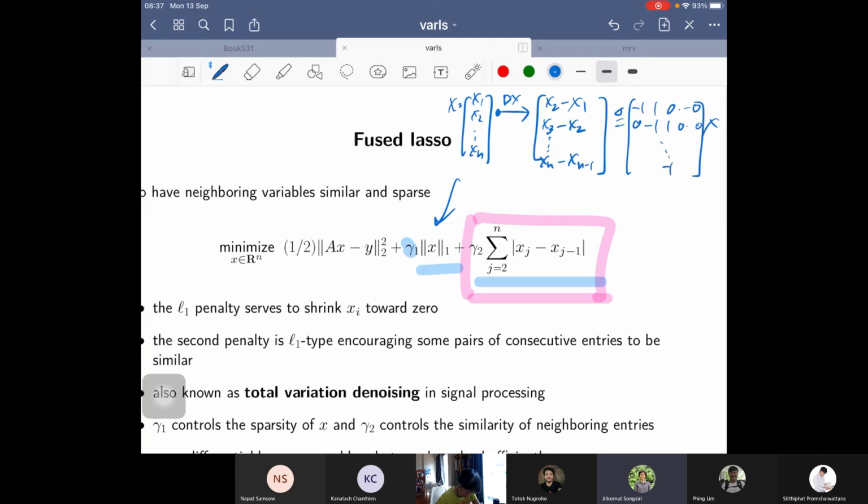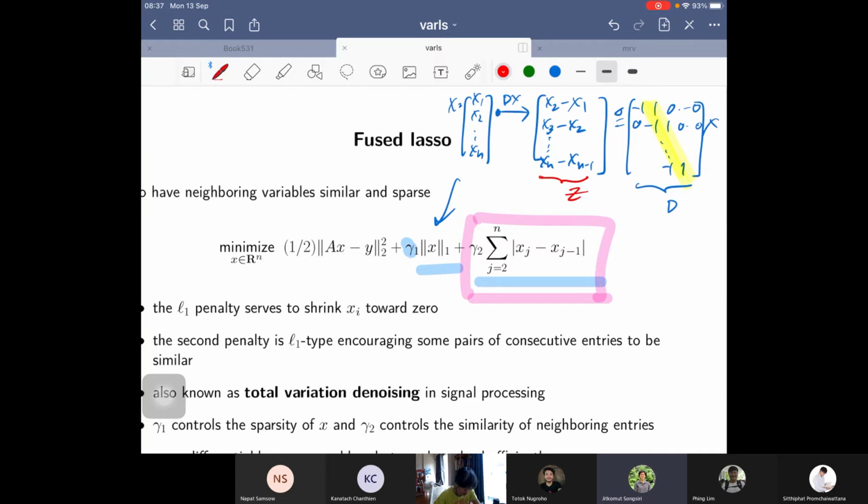So you're going to see minus 1 and 1. So this is called a difference matrix, the matrix D. Now, why are we interested in this vector? Let me call this vector z.